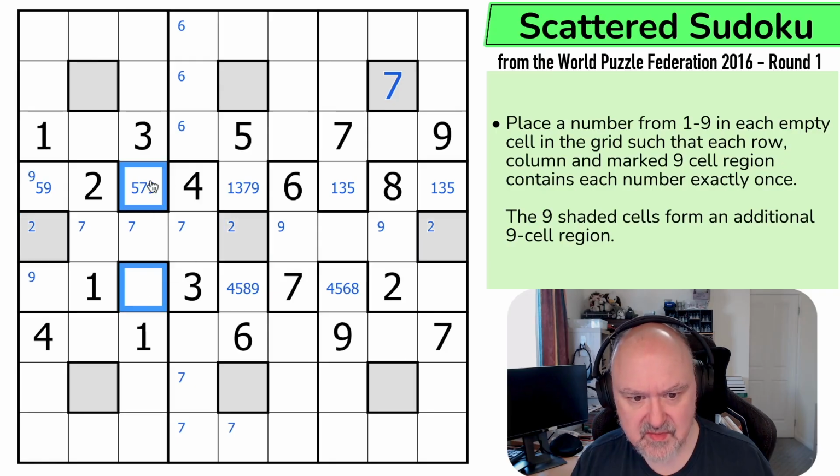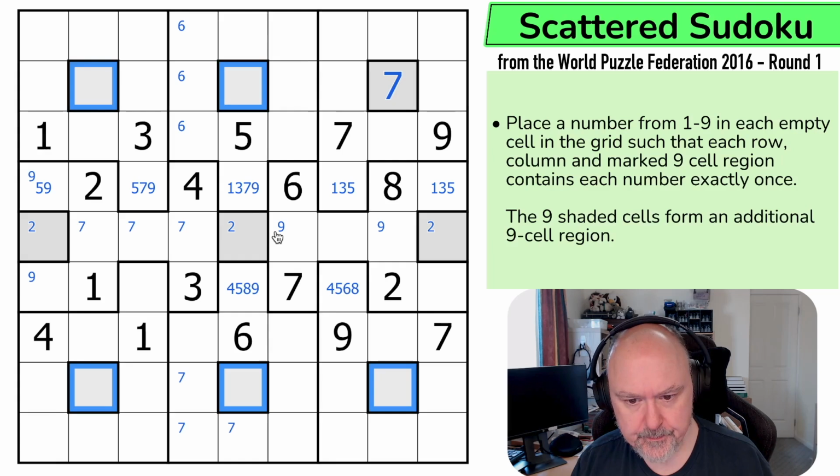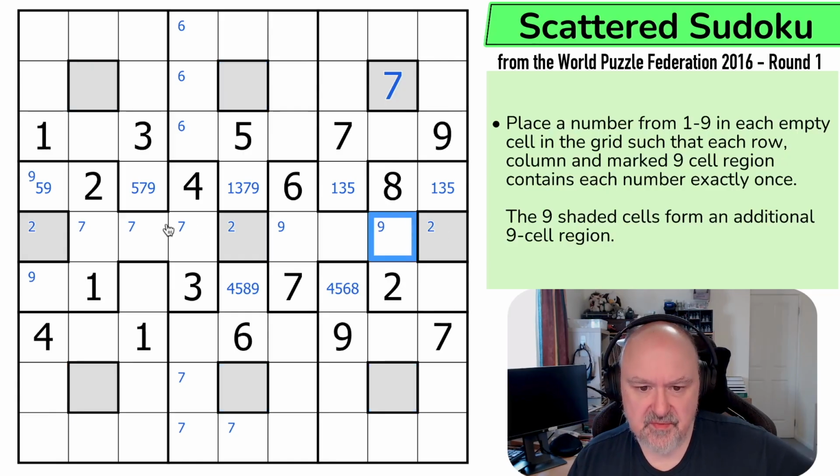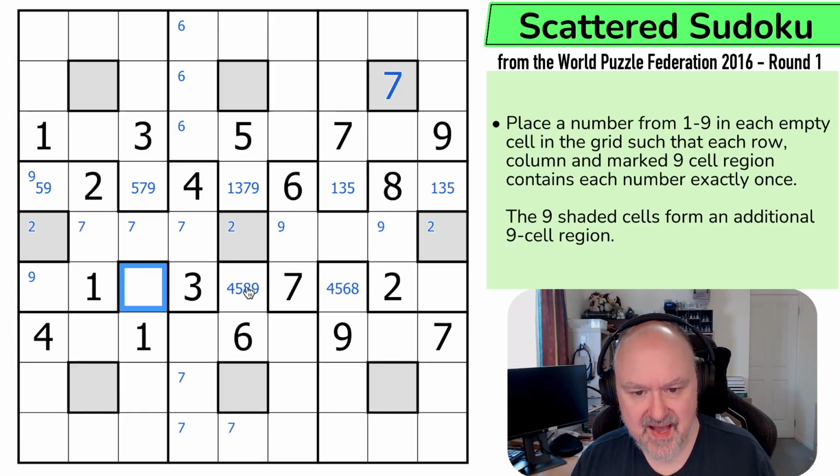So 9 is in one of those 3 cells because 9 has to appear in one of those. Because these 2 9s are preventing it being in the middle, which means 9 has to appear. It can't appear here. So 9 is in one of those 4.